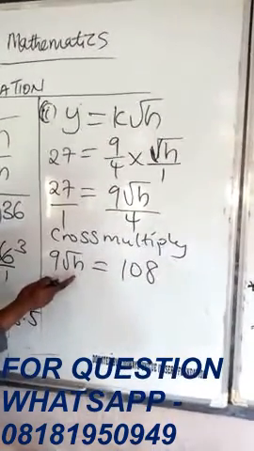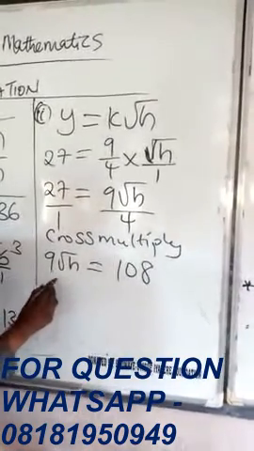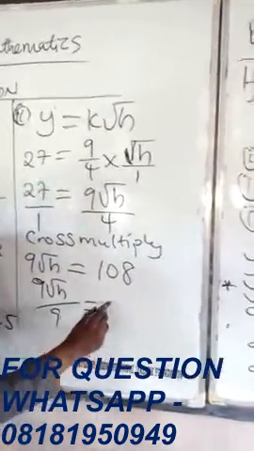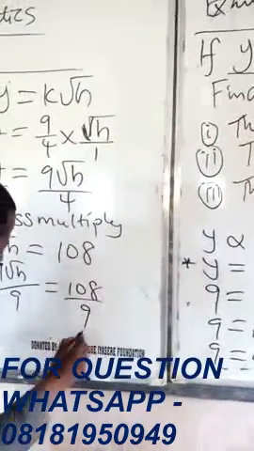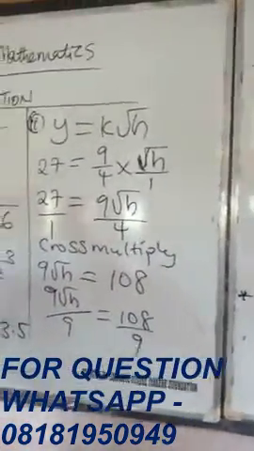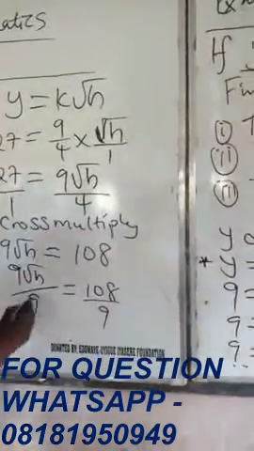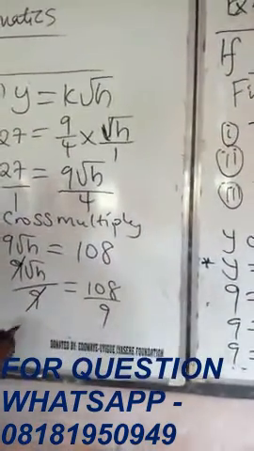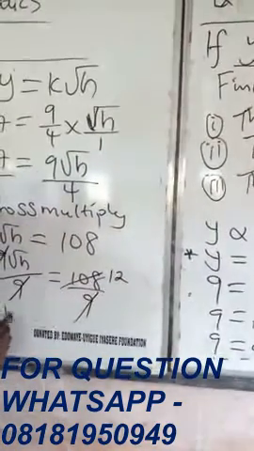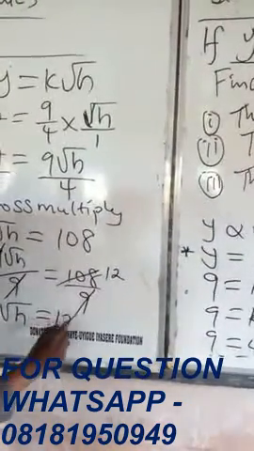We divide both sides by 9. So 9 root h over 9 equals 108 over 9. 9 cancels 9, and here is 12. So our root h is equal to 12.